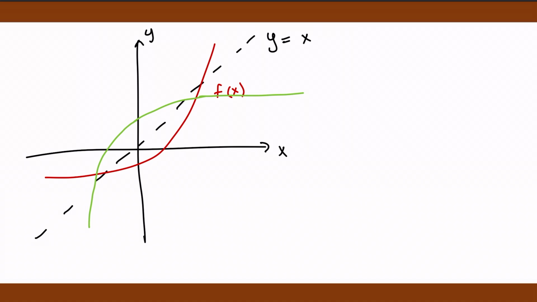Something close to that. Notice that I've just flipped it or reflected it about the line. This is the inverse of f of x. F to the negative 1 of x. That's how we write inverse notation.